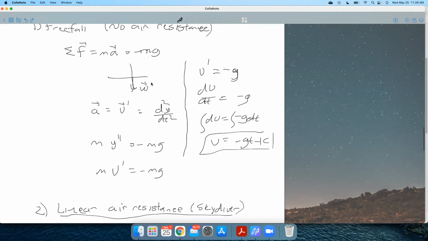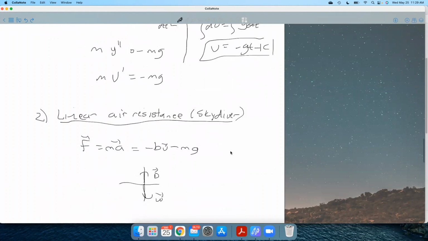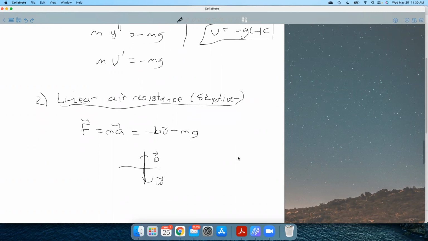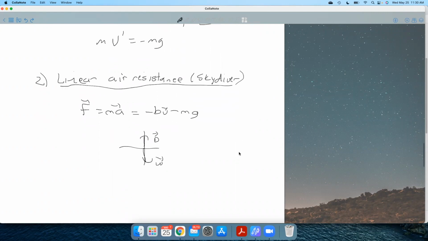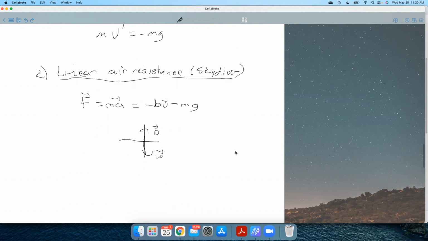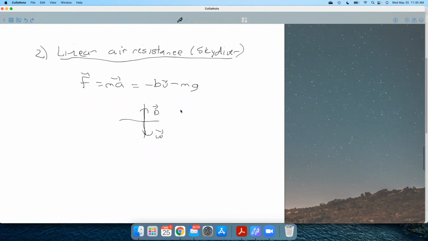Okay, but here's where it gets interesting. That's a boring problem. Let's make it more interesting. Let's do a skydiver. Jumping out of an airplane, falling to earth. We're adding in air resistance. So we're going to assume, this is called the low speed approximation, that we have some drag force. That's a capital D right there.